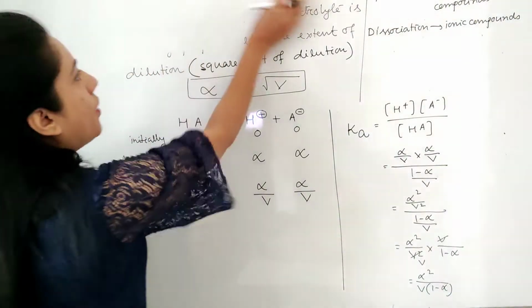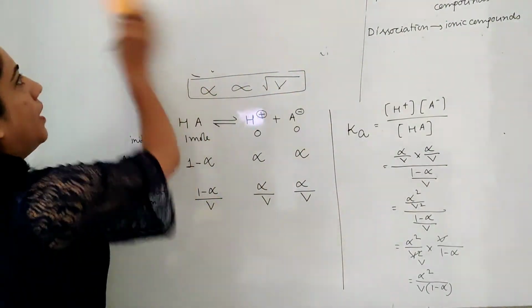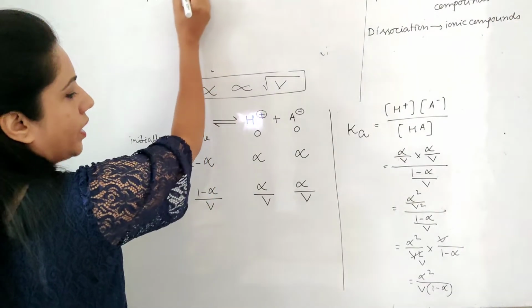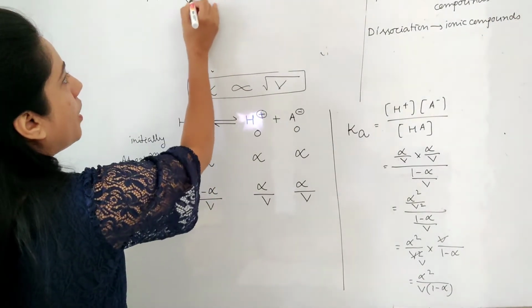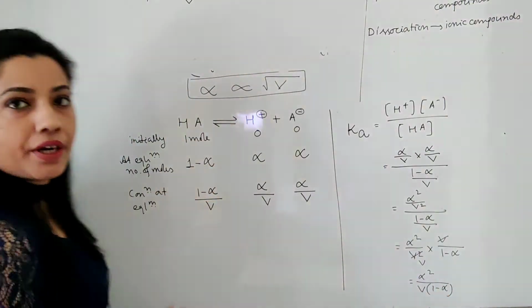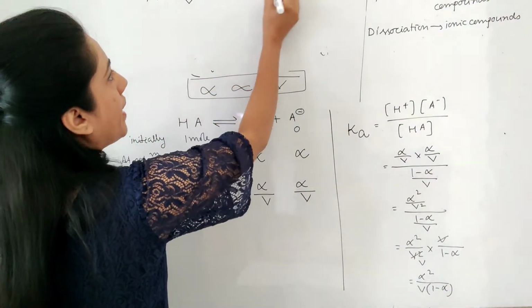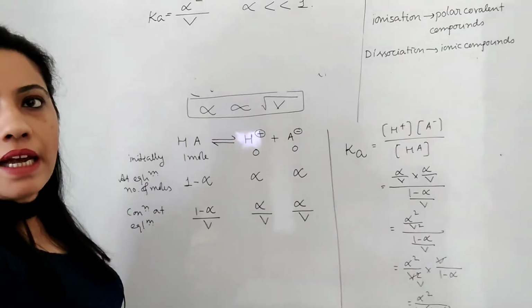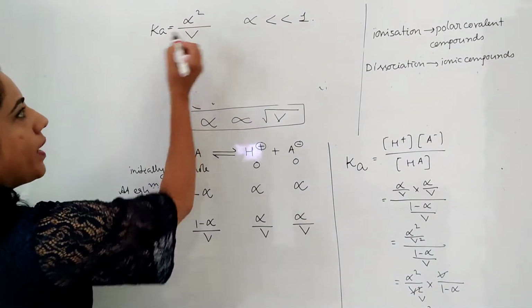We can write that Ka is equal to alpha square upon V. We neglected alpha from 1 minus alpha because alpha is very small as compared to 1.